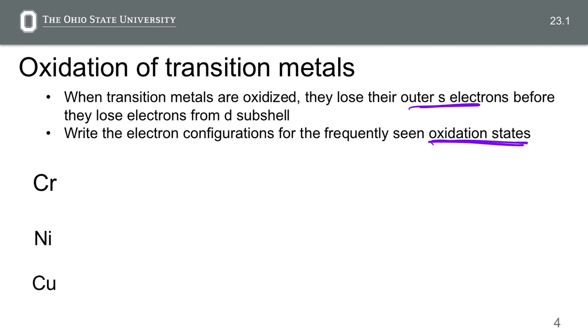So let's first rewrite here in this table the electron configuration for chromium. That was argon in brackets, 4s1, 3d5. One of the oxidation states that's possible for chromium is the chromium 3+.